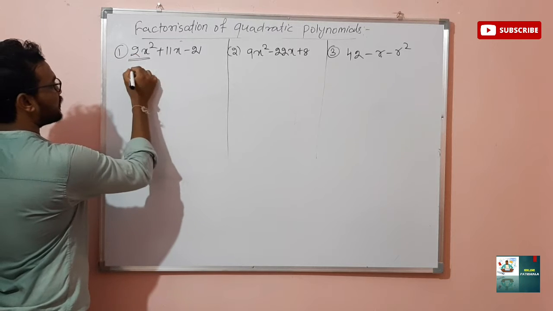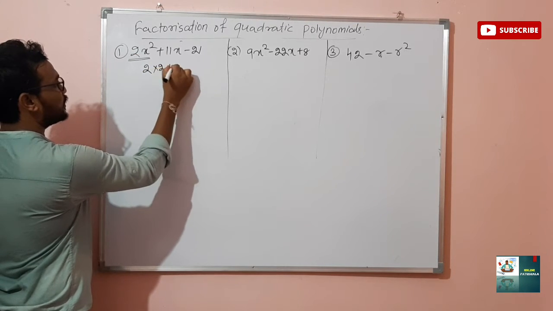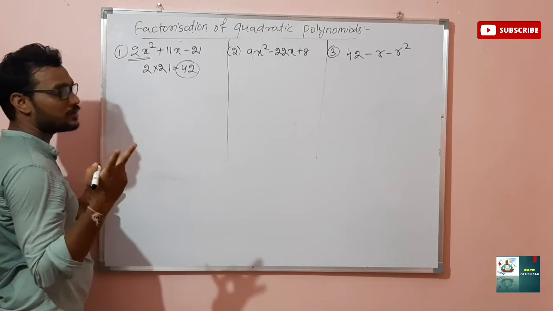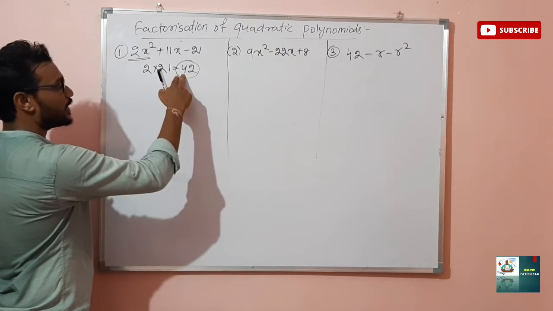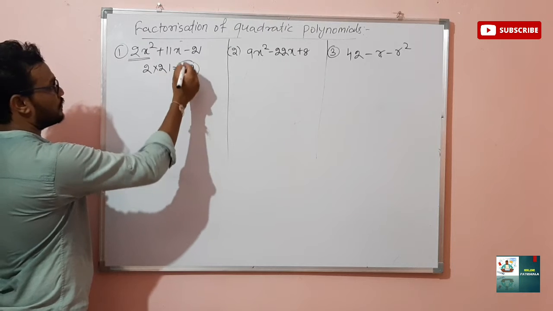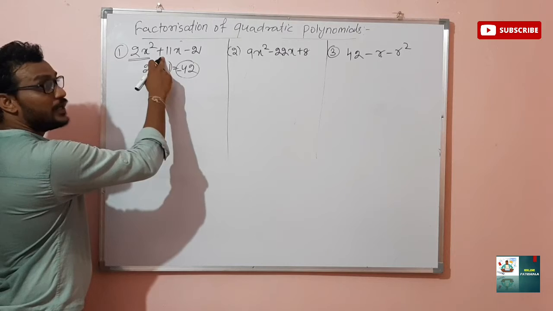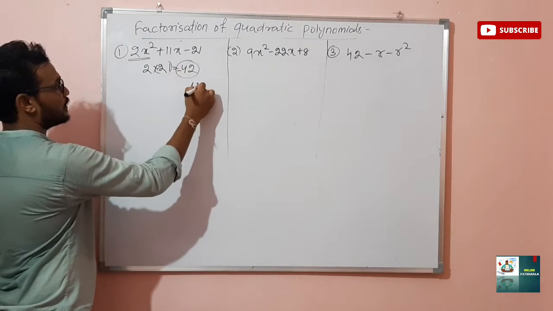Here the multiplication of two numbers is 2 into 21, that is 42. We have to find two numbers whose product is minus 42, and if we add them, we get plus 11.